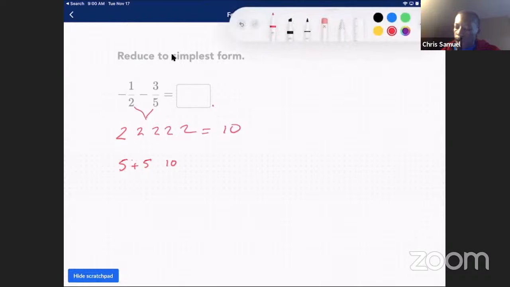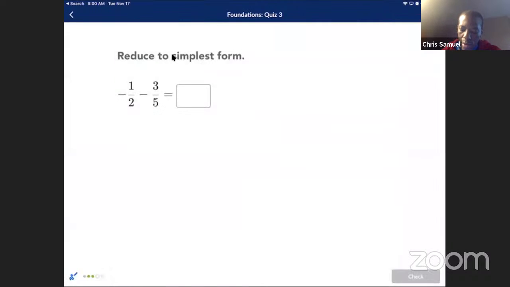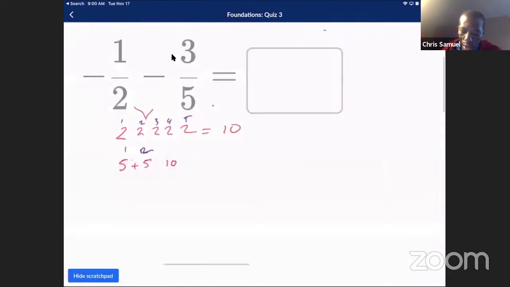When we multiply this by 5 here, and we multiply this by 2, we also multiply the numerator by 2 up here.